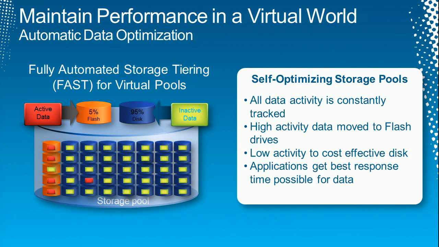You can essentially create a pool of disks and take a mix of drives and put them in there, right? So I could take flash drives and SATA drives and put them in a pool of disks. And now I can put my VMs into this pool of disks, and I no longer have to design and say, okay, I want this VM on this flash drive, and this VM on this fiber channel drive, and this VM on this SATA drive, and try to design it out, right?